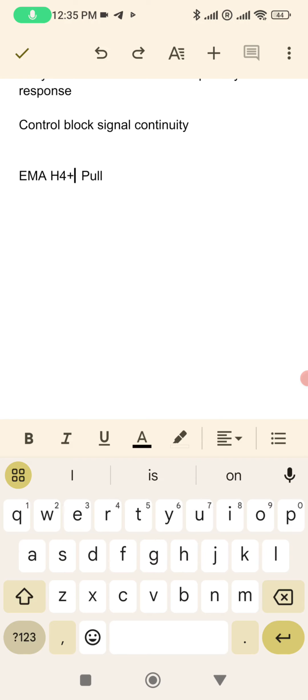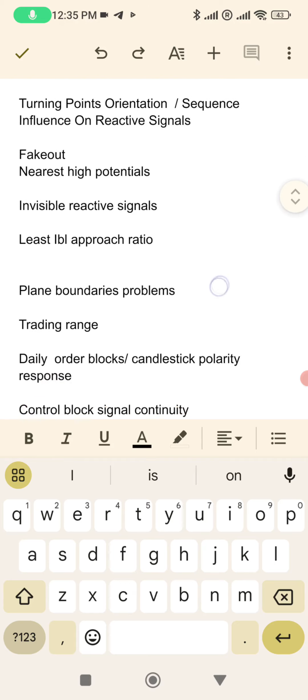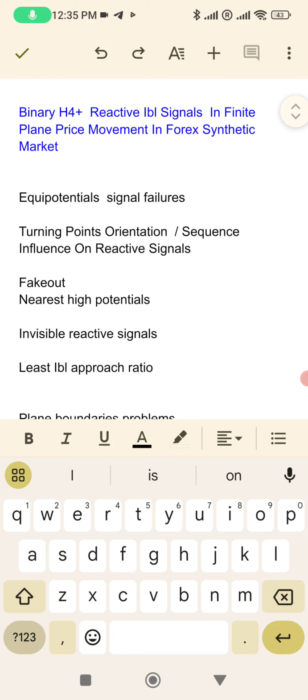So you have to consider EMA H4 plus pull, meaning that the time frame can be H4 or higher. These terminologies are going to be used to analyze reactive IBL signals, because without them you cannot make profit using reactive signals.